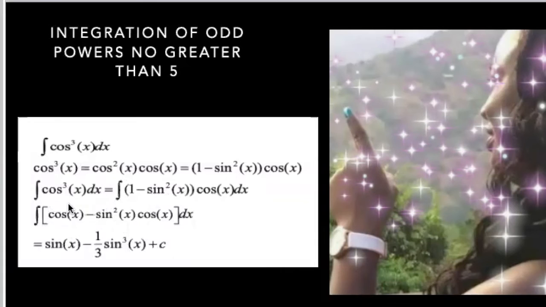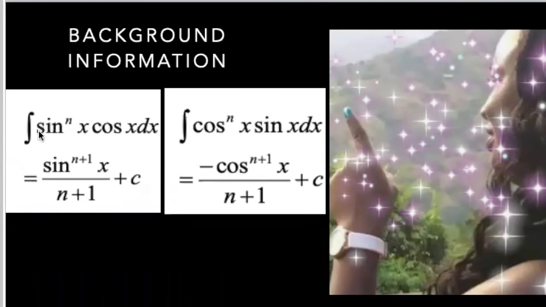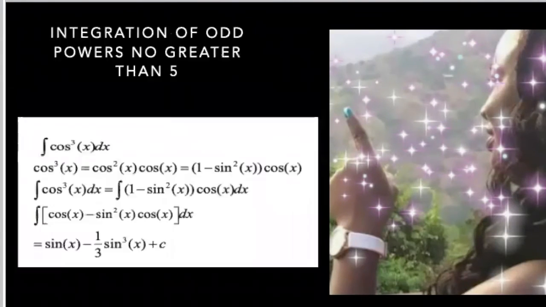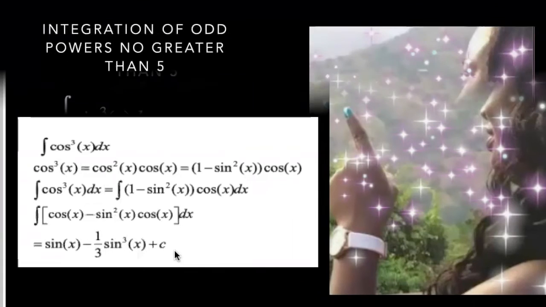The integral of cos x is sine x, and then this follows the rule sine to the n power x cos x dx. We add 1 to the power and same in the denominator. So adding 1 to this power, you will have 3. And then some persons like to have sine cube x over 3 or a third sine cube x plus c.